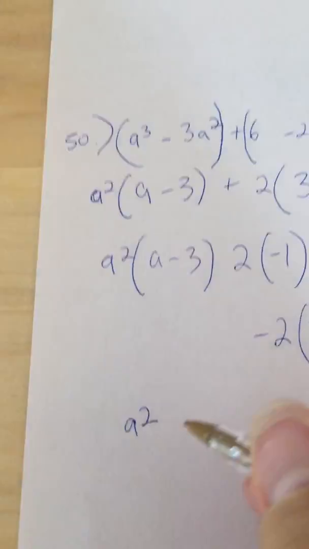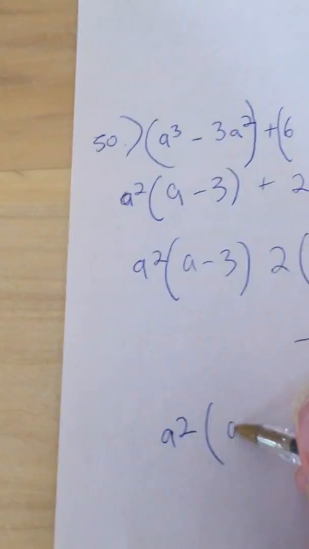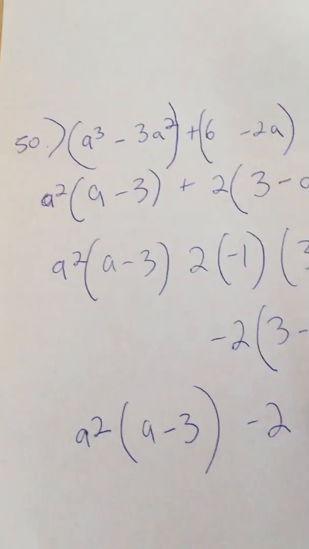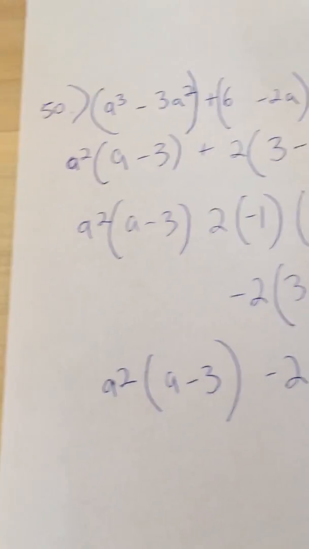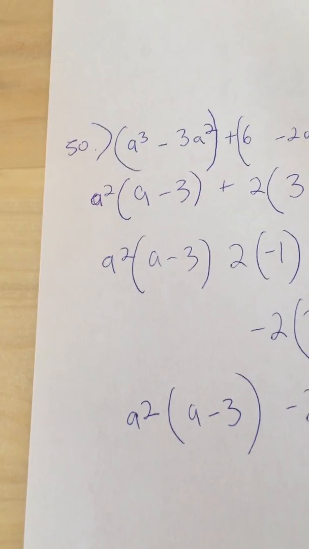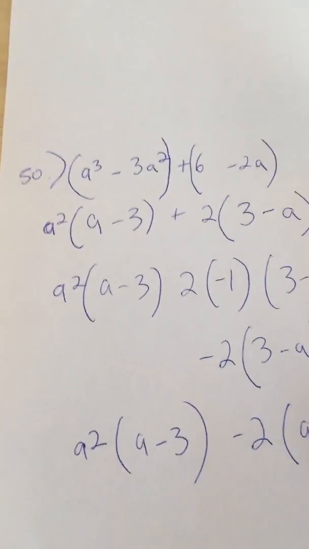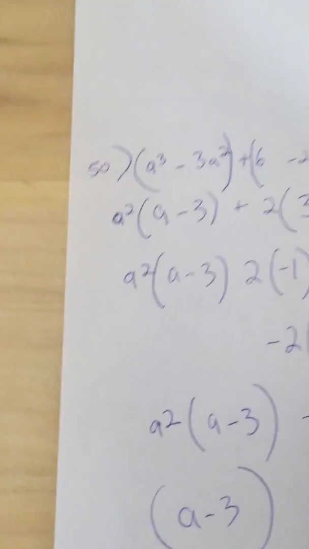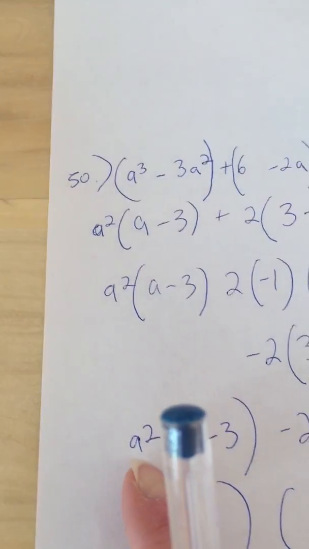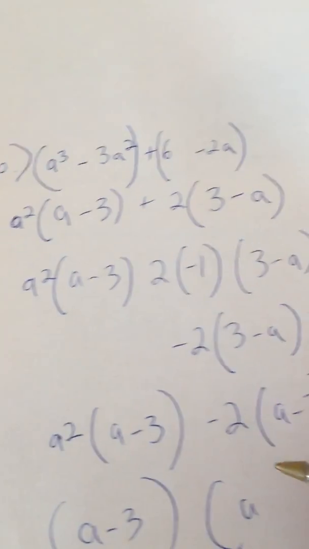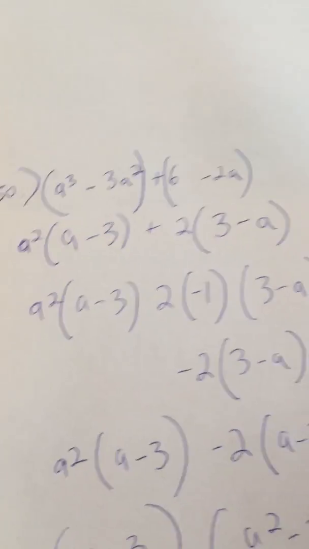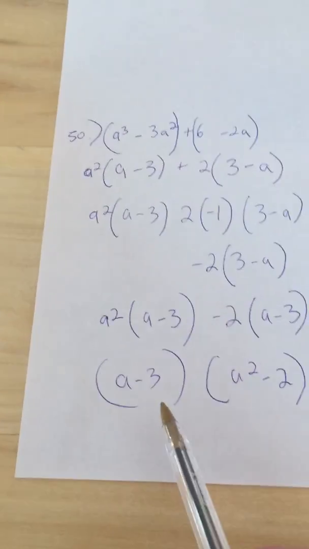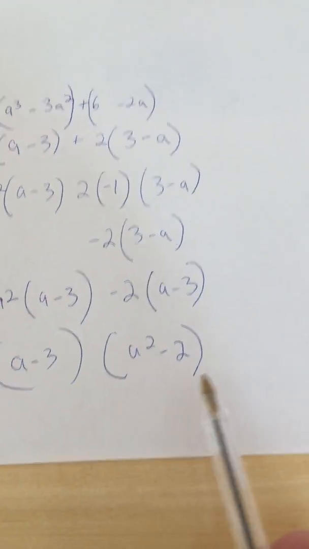So a squared times a minus 3, and then your -2, and I'm going to switch it to be a minus 3. And then you can pull out this a minus 3, and then you'd have the a squared from up here, and the -2. So a squared minus 2. And that's the answer. Take away 3 times a squared, take away 2.